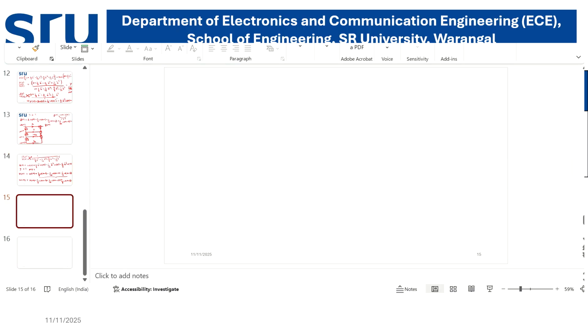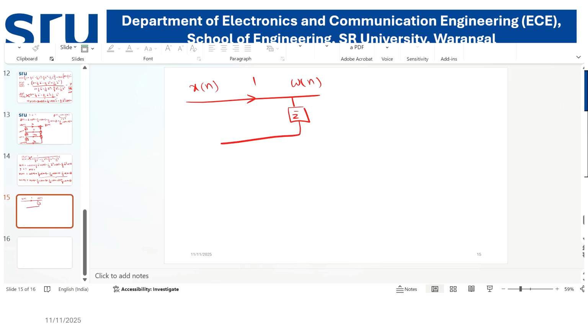Now again realize the circuit for equation number 3. In equation number 3, x of n is the input and w of n is the output. The coefficient for x of n is 1, and if you are identifying, only w of n is delayed by a number of samples. So first, to get w of n minus 1, it is delayed by the first sample. The coefficient for w of n minus 1 is minus 1 by 8.